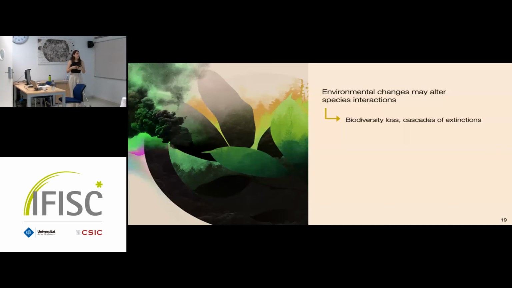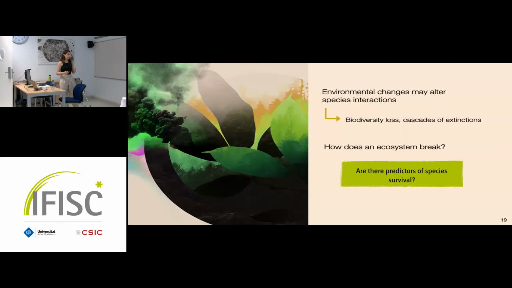So from a network description, we are interested in seeing how the ecosystem breaks. We would like to see if, knowing the network structure, we are able to predict which species are going to survive and which are not due to an environmental change.